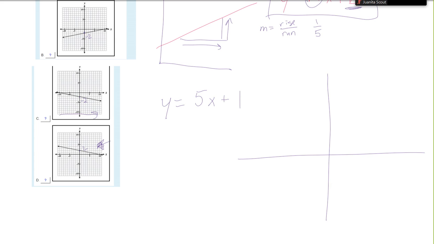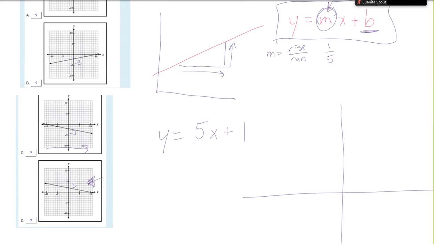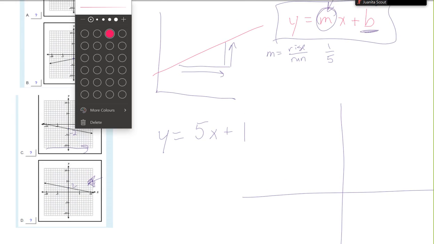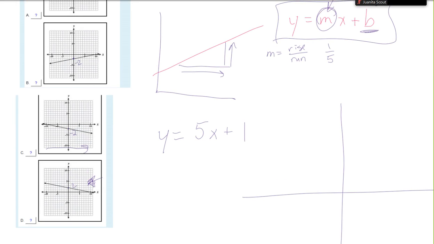And so all these linear graphs are what we call transformations of y is equal to x. And y is equal to x is just the line on the diagonal like this. Right? So if this is 1, this is going to be 1. And this is 2, this is going to be 2.